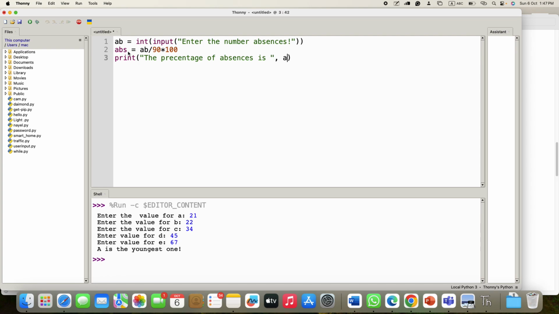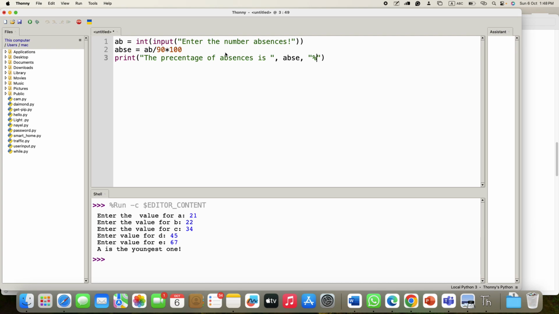Comma ABS, right? By the way, ABSE, because absent is a keyword. ABSE, absence. Okay. And then maybe you want to give a percentage sign with it, right?